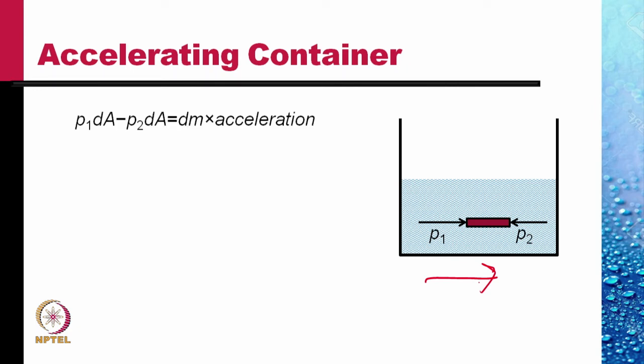Then the net force on this fluid element in the horizontal direction is P1 dA, where P1 is the pressure on the left face, minus P2 dA, where P2 is the pressure on the right face. And this should be equal to the mass of the fluid element times the acceleration.